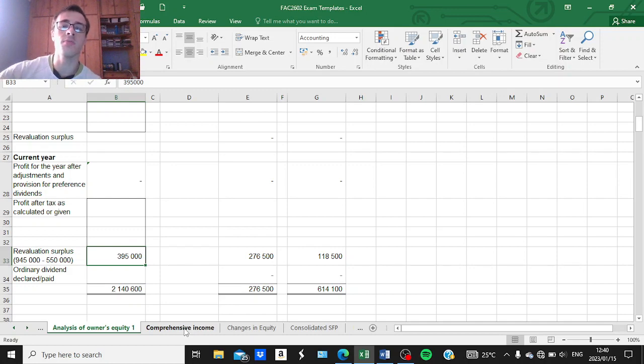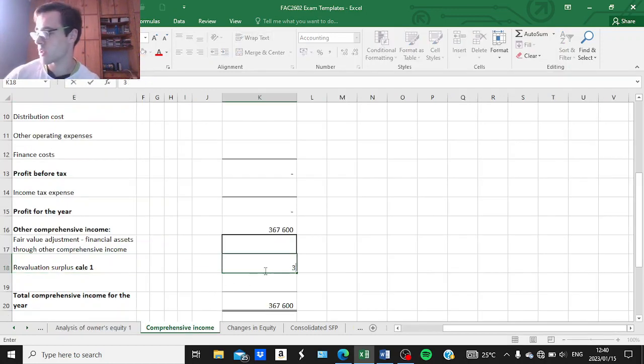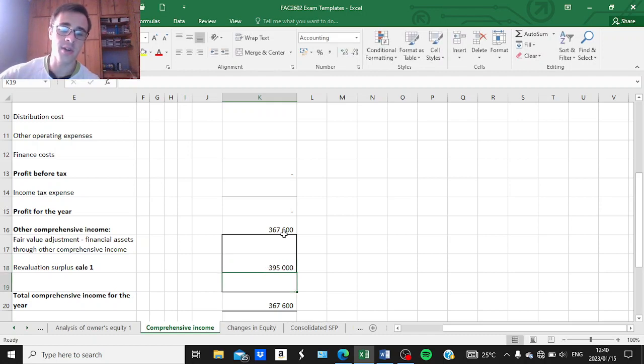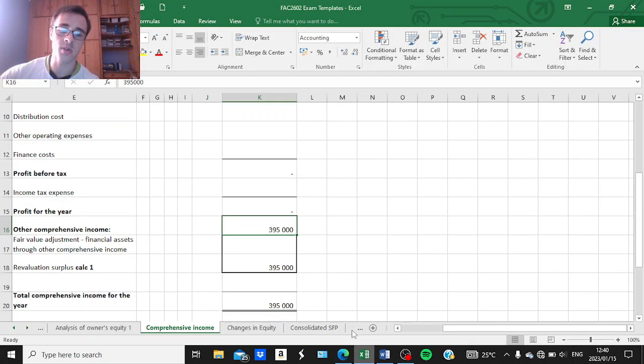However, it does not need to be your first calculation. So according to calculation 1, the current year's revaluation surplus for the group is 395,000. According to additional information point 2, the parent did not have a revaluation during the current year. So this was the only revaluation for the group for the current year.